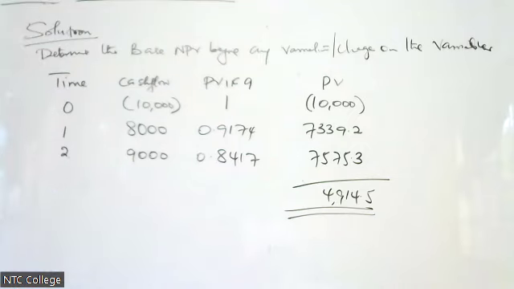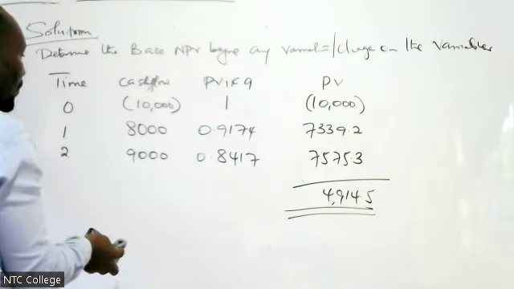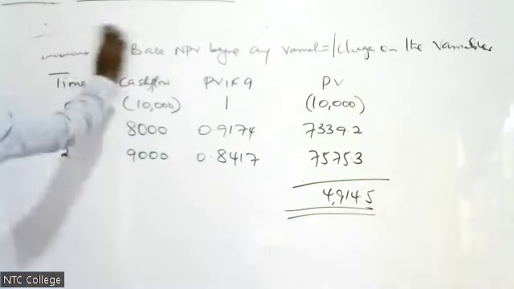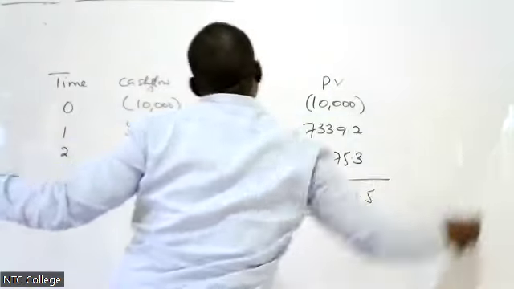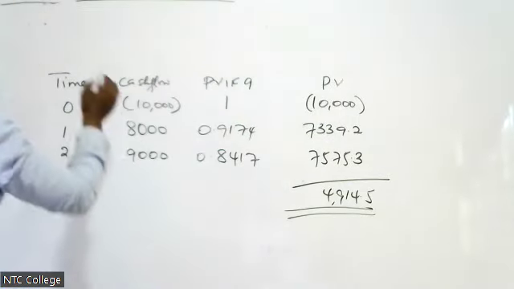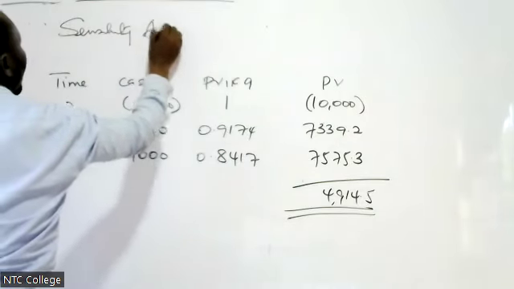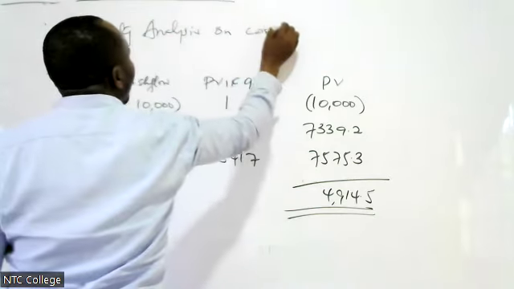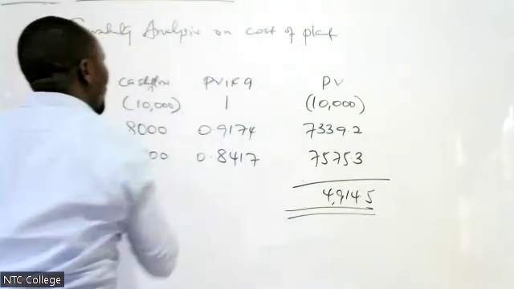So let's look at the sensitivity analysis of cost of plant. Cost of plant, what will change? When we have cost of plant changing, it means that on this one, we only vary cost of plant.